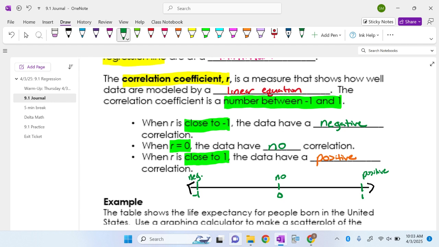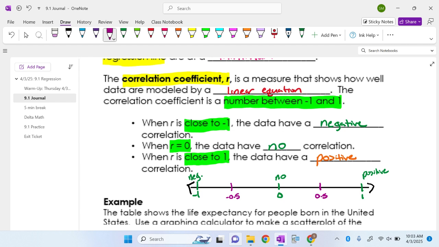Now, in terms of strong or weak, I like to look at how close it is to 1. If you ignore the negative sign and just look at the number itself, the closer it is to 1, the stronger it is. My rule of thumb is that if it's 50% or higher, it's fairly strong, or halfway. If it's less than half, it's pretty weak. So let's say we had 0.5 here and -0.5 here.